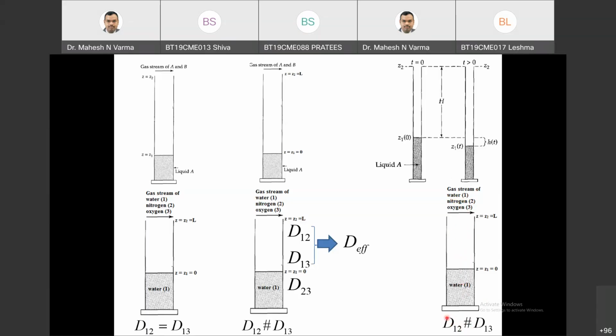Actually, for that we can use trial and error. This was the fifth case we have discussed.